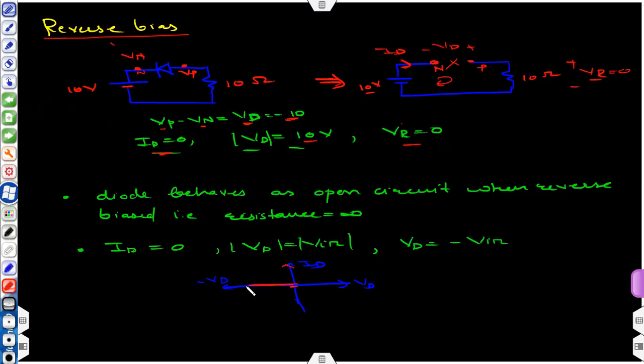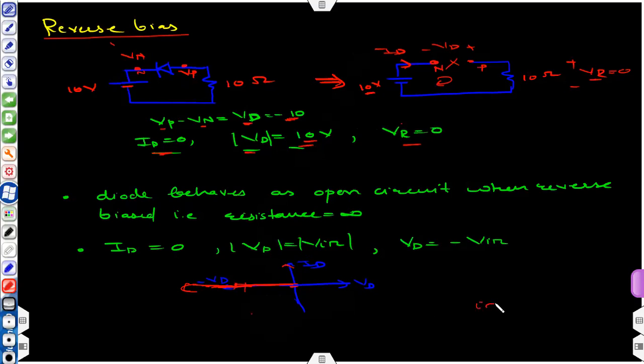No matter whatever the value of this external voltage, if it is 10 volt or 20 volt, you always have a zero value of current. And this VD line depends on the external voltage. So the magnitude of VD will be exactly equal to the external voltage. So this is how you graphically represent the reverse bias characteristics of an ideal PN junction diode.